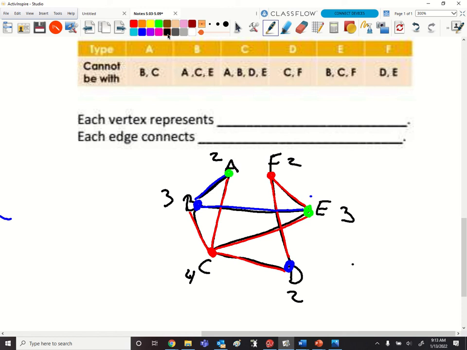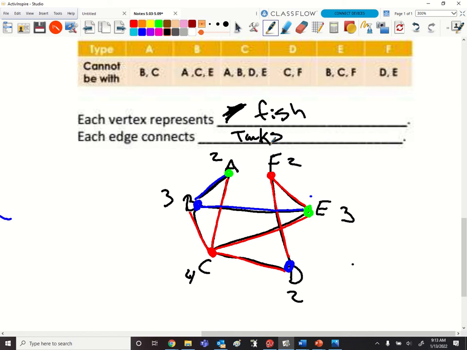So in this, vertex represents the tanks. Actually, no, vertex is the fish, right? And edges, the connection, is the relationship in my tanks. So what is the chromatic number on this? 3. And so in this instance, what is the minimum amount of fish tanks I could have? 3.